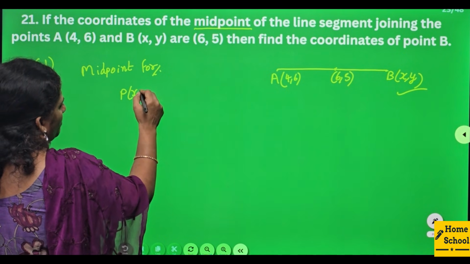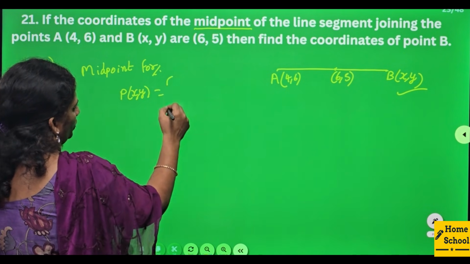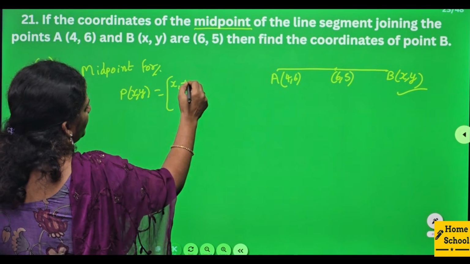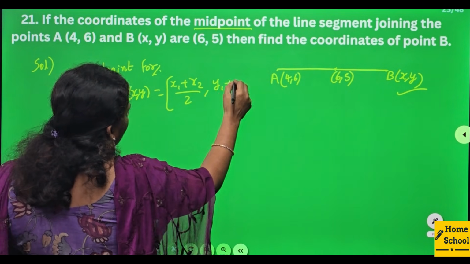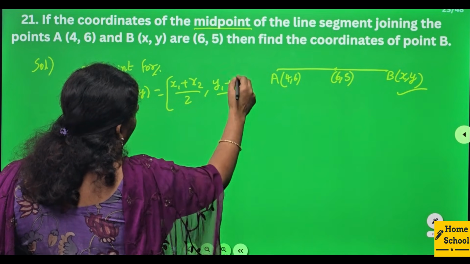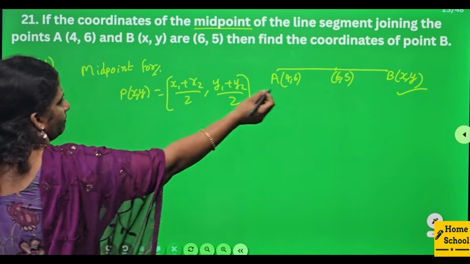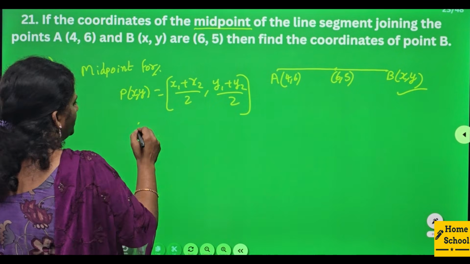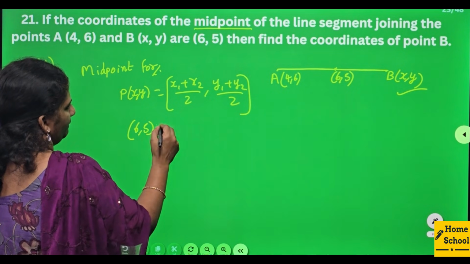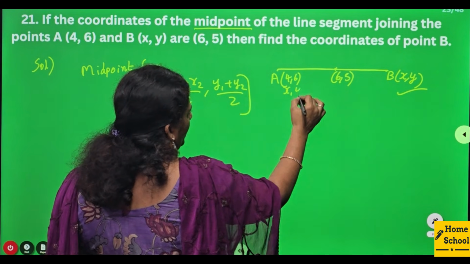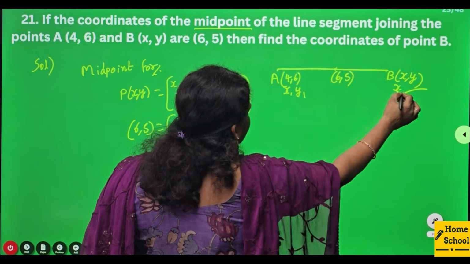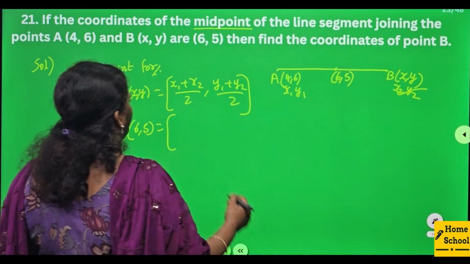P (x, y) is equal to (x1 plus x2 by 2, comma y1 plus y2 by 2). This midpoint coordinate is (6, 5). Write it here. And whereas this is x1, y1. This is x2, y2. Right?